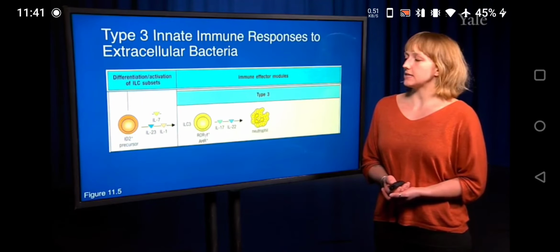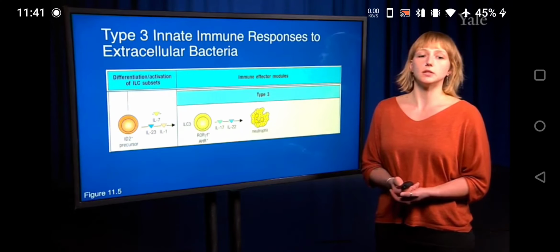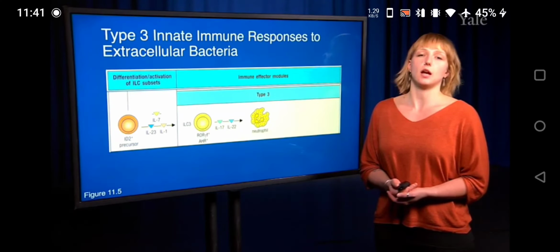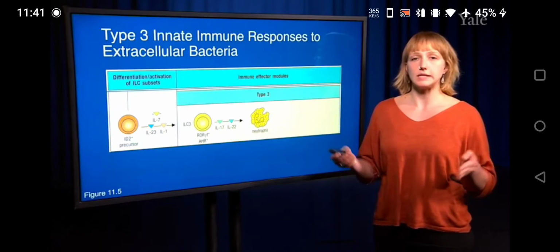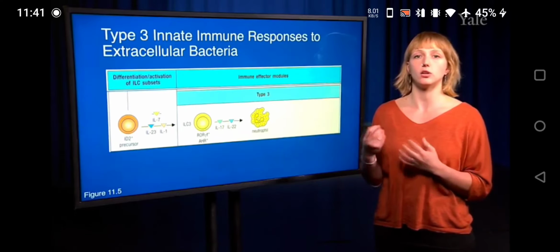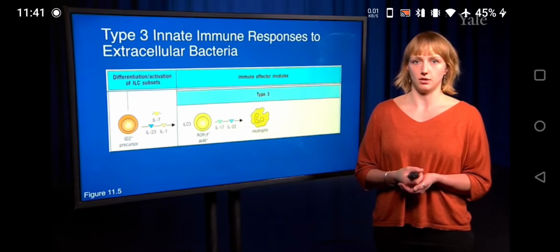IL-17 and 22 are really critical in leading to the activation and hyper-recruitment of neutrophils, which are very critical in directly killing bacteria by generating a large amount of antimicrobial peptides.